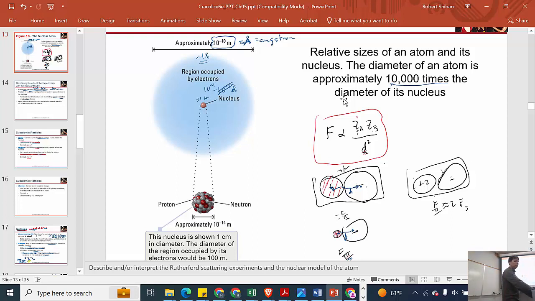And so the answer to this is there's something holding them together, but whatever's holding them together has to be stronger than electrical forces. Do you know some force that's stronger than electrical forces? Gravitational is weaker. There is a force that's stronger. Do you know what it's called? It's called the nuclear force.